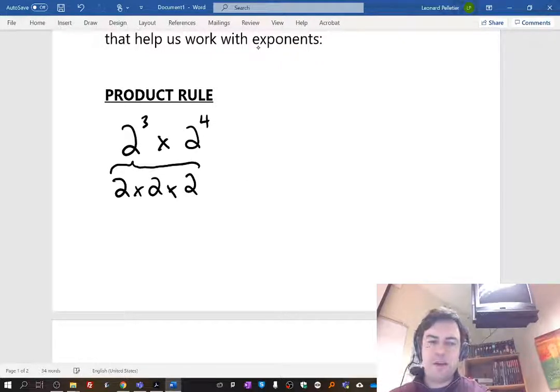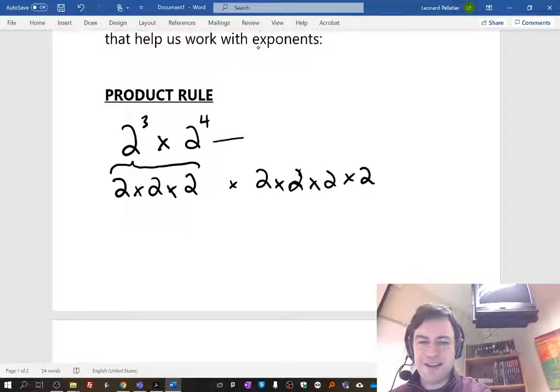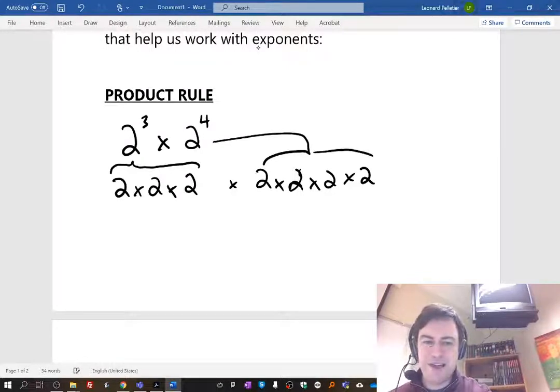And then we're going to multiply that by 2 to the power of 4, which is 2 times 2 times 2 times 2. Still getting the hang of this pen. So if you look at that, that's actually just 7 2's being multiplied together, which is the same thing as 2 to the power of 7.